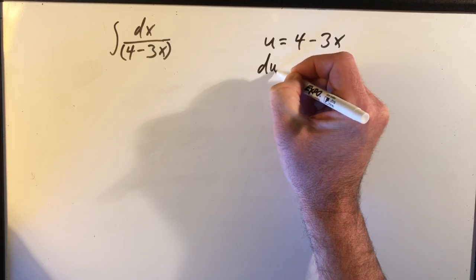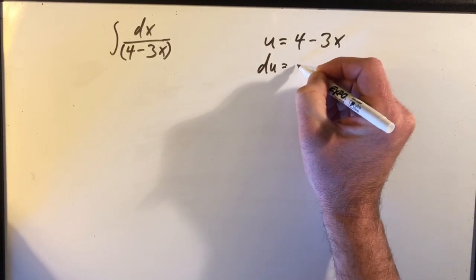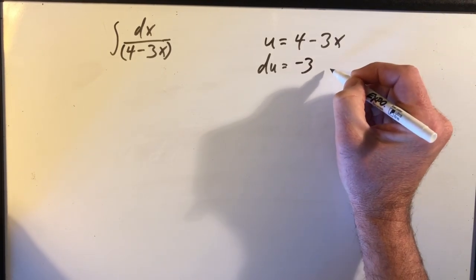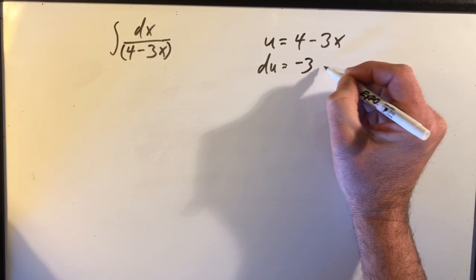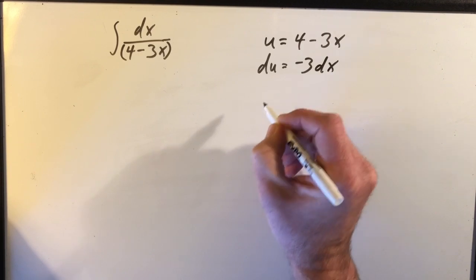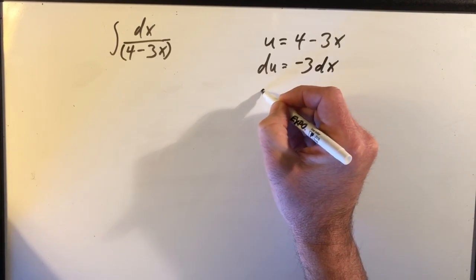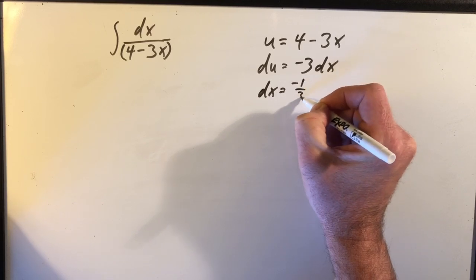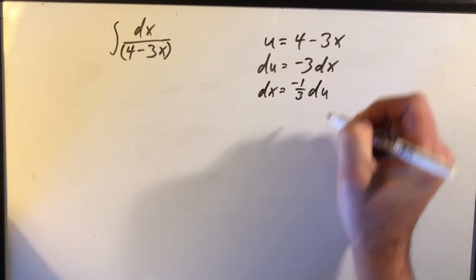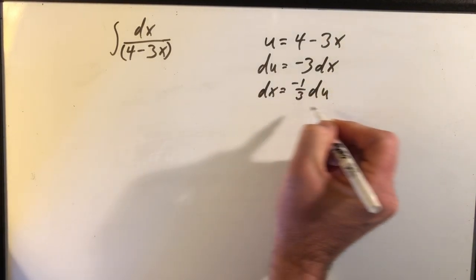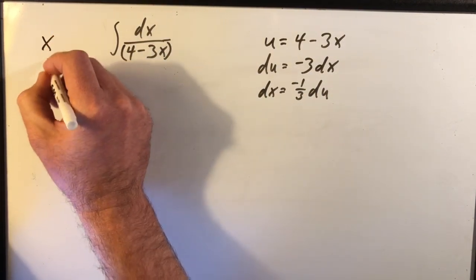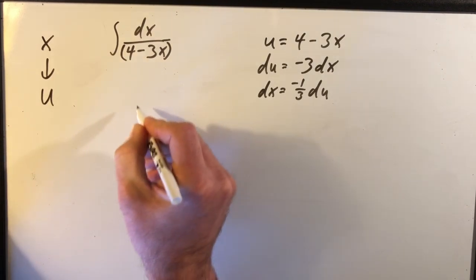My du is going to be equal to just a negative 3 dx. Okay, and then I just solve for dx directly, so it's negative 1/3 du. Okay, from that point we can substitute into the original problem to go from x to u domain.